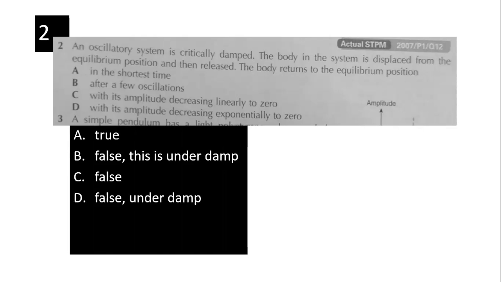I didn't revise. A, shortest possible time, a quarter of the period. After a few oscillations, that one is light damping. Amplitude decreasing linearly, no such thing. Amplitude decreasing exponentially to 0 is for under damping or light damping. Answer is A.